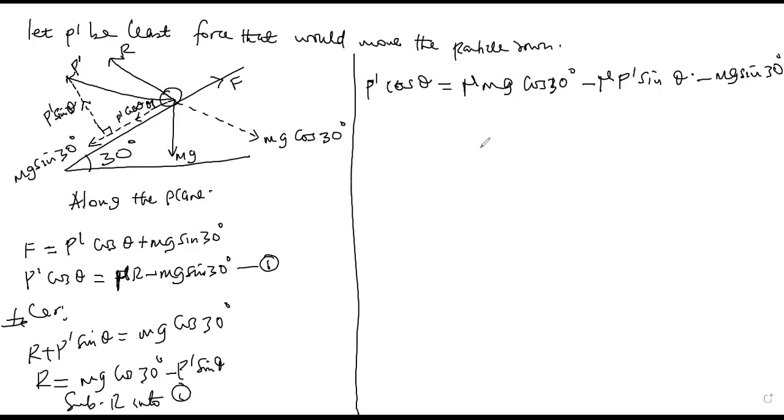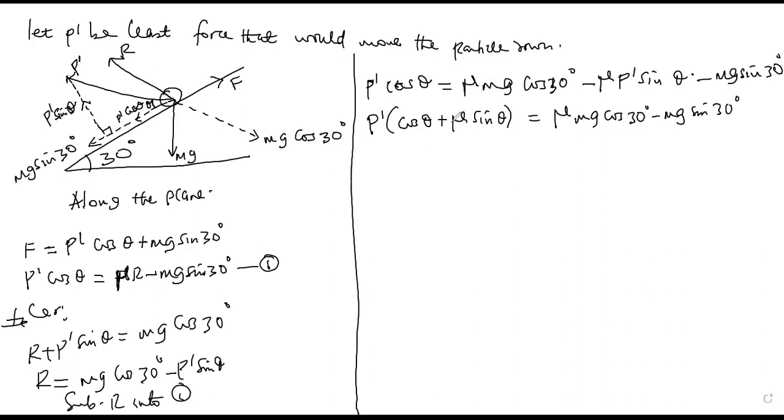When you bring this P prime this side, it's going to be P prime into cos theta plus mu sine theta is equal to mu mg cos 30 minus mg sine 30.